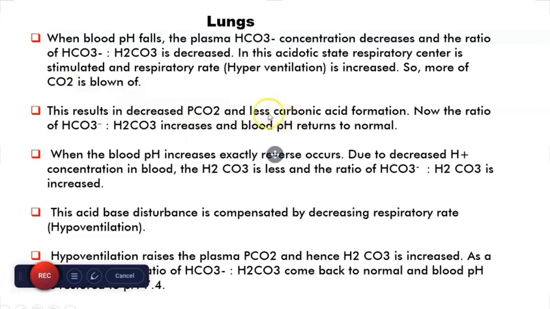And the ratio of hydrogen carbonate, which is the conjugate base, will increase because the acid has been blown off. And the blood will return to the normal pH of 7.4. That is how the lungs affect acid-base balance.